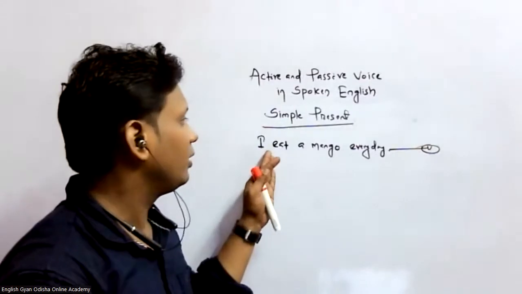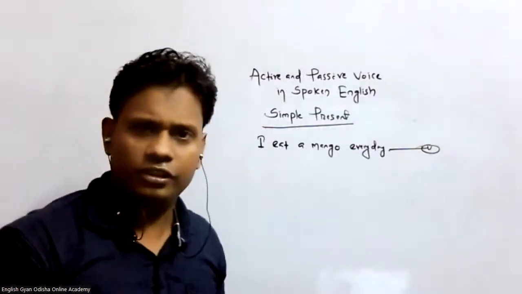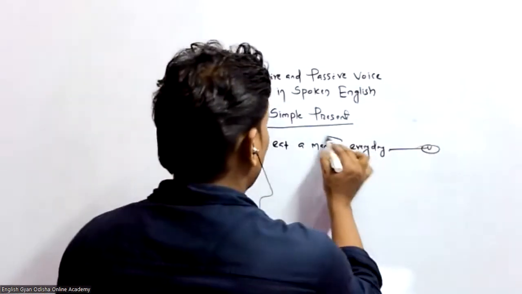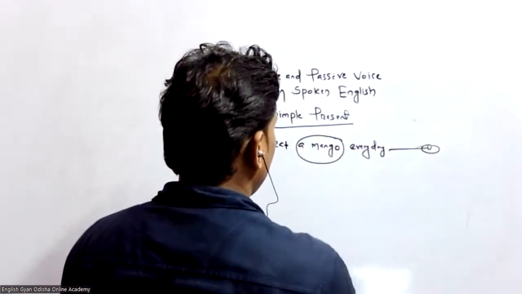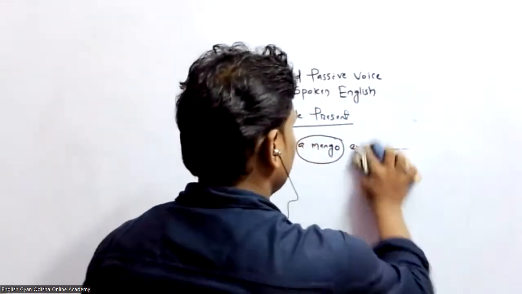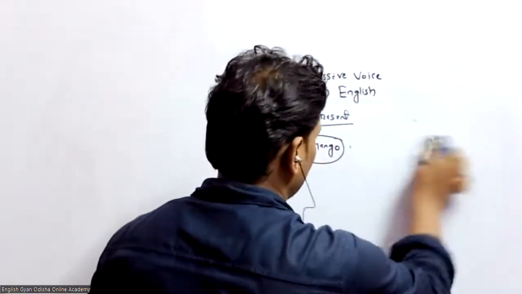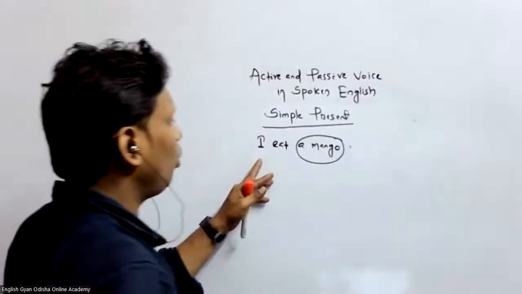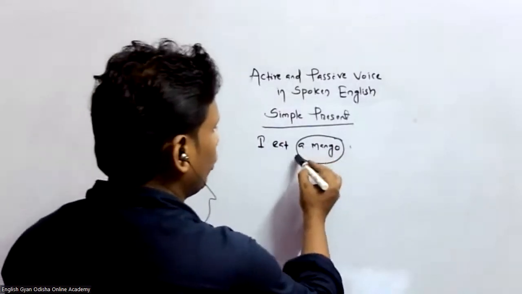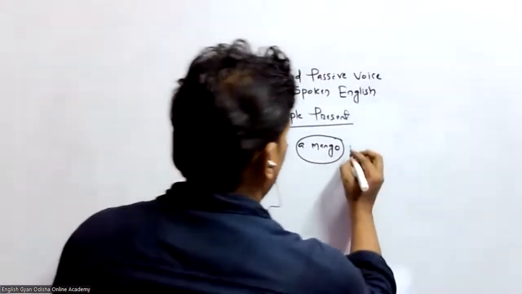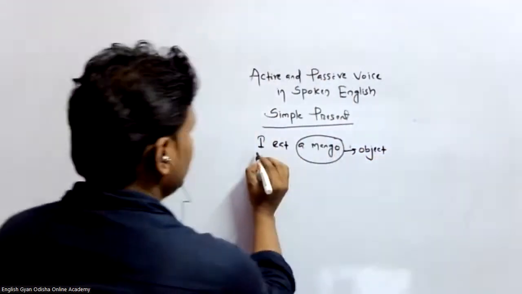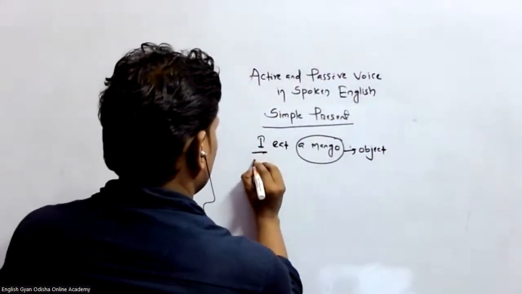I eat a mango. Here a mango is my primary object. So forget the rest, I'll give a lot of examples. I eat a mango every day. Every day you can write separately. I eat a mango. Here a mango is the object, and this is called the subject.